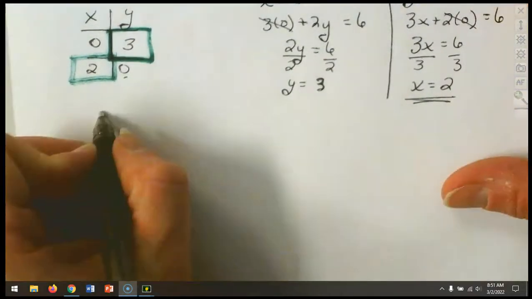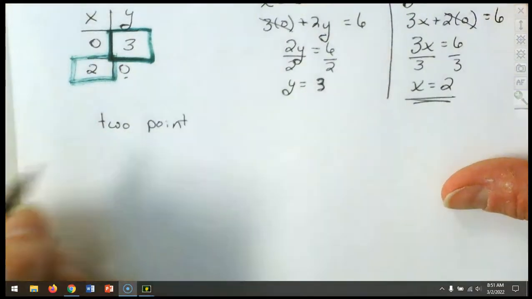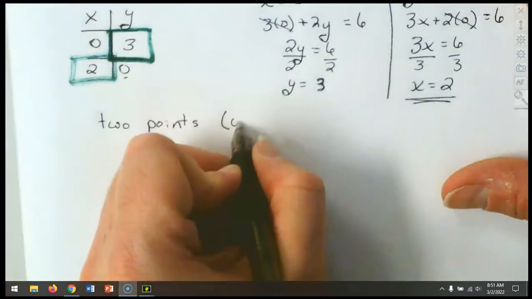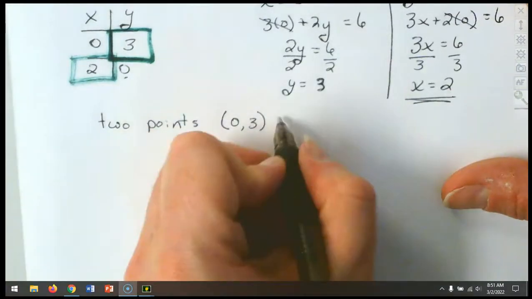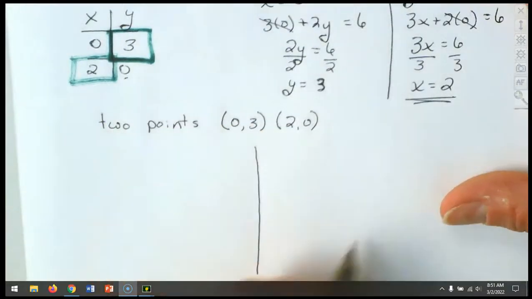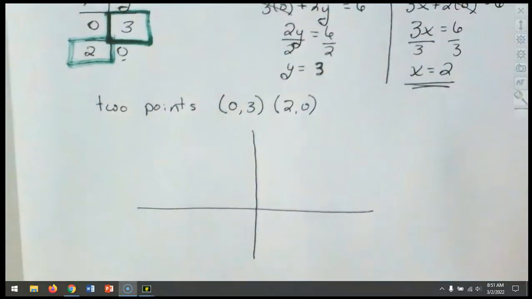So what are our 2 points? Our 2 points that we're going to be using, in this case, are the intercepts. We've got, from our table, 0, 3. And we've got 2, 0. Let's go ahead, plot our points, connect them together to graph our line. And then we'll label the intercepts. So our first one is 0, 3.